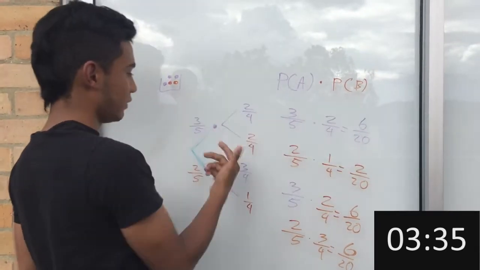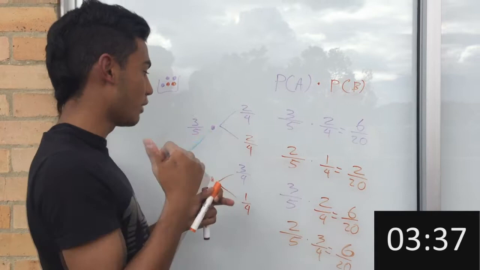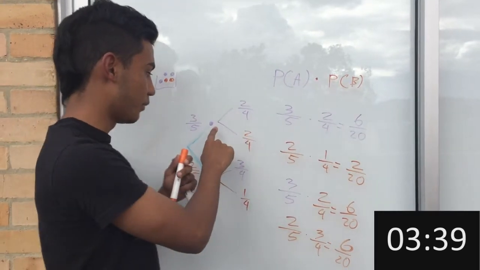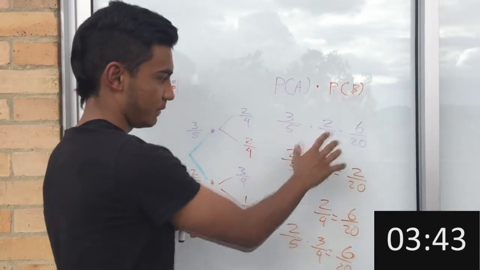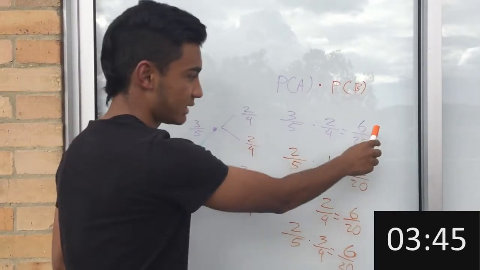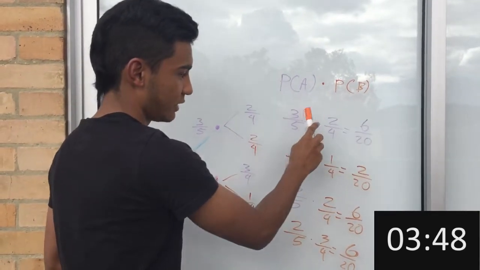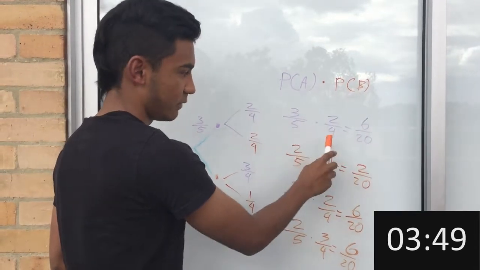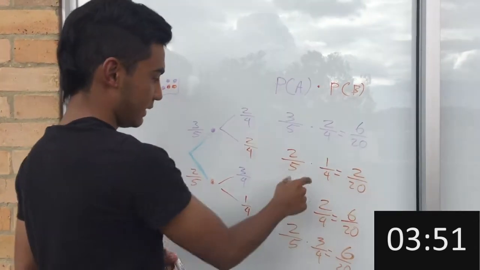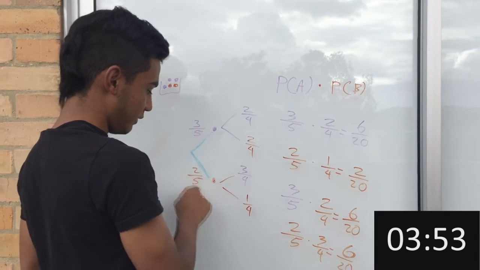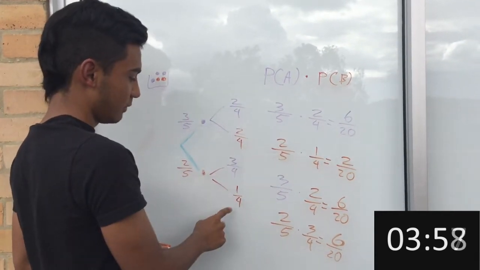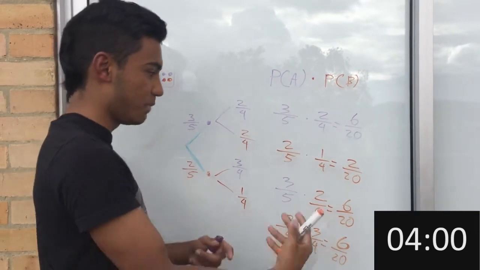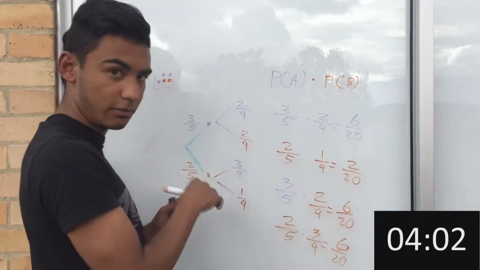That is the result when I draw out the violet balls, and the probability is 6/20, 3 times 2 and 5 times 4. In the other case, with the red ball, we have 2/5 and 1/4. That is the dependent events of the previous exercise.